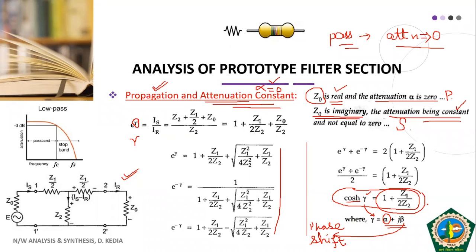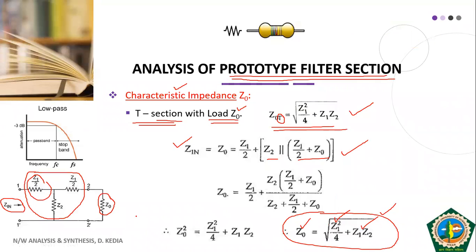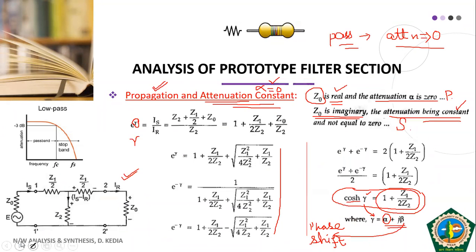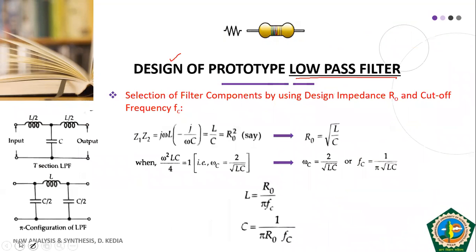Dear students, you have to simply follow and understand these 2 slides completely, along with their derivation, that is, the concept of characteristic impedance and the concept of your propagation constant. If you understand the expressions of these, you will be able to follow these expressions very easily in every type of filter. Let me show you how.